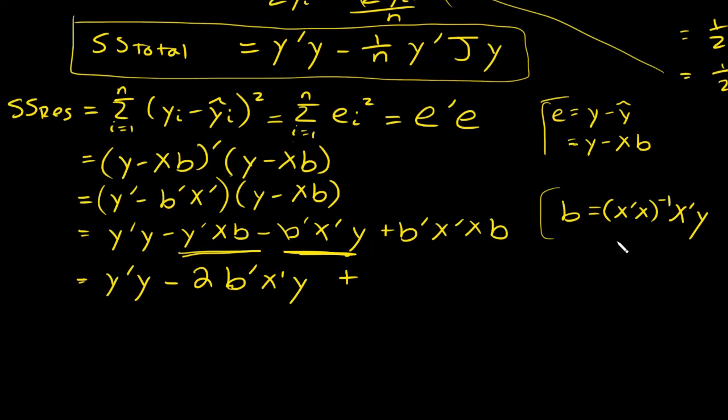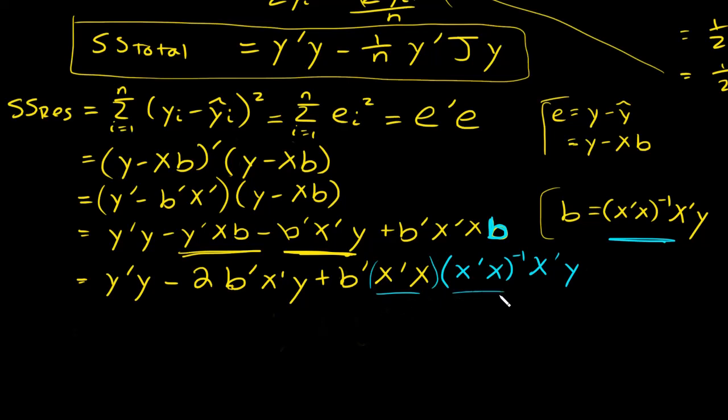Let me plug this in for the B here, so I have B transpose X transpose X, and plugging in that B, X transpose X inverse X transpose Y. Notice that this term is the same as this one, and this one is inverted, so when you multiply them you get the identity matrix I. That's very nice, they cancel each other. So let's see what I'm left with.